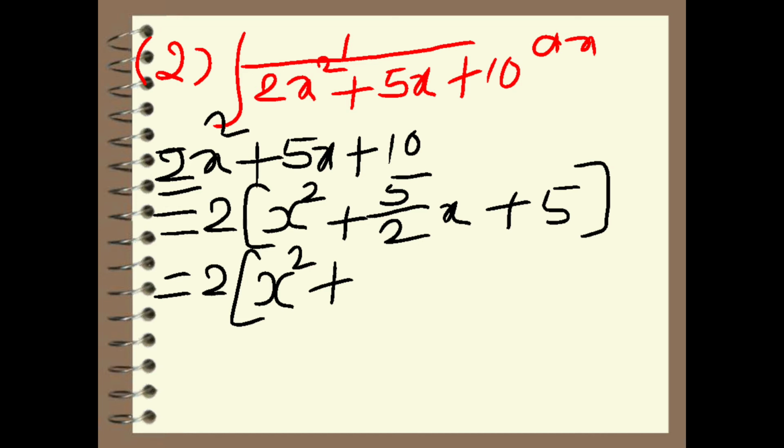That means if the number is not a multiple of 2 in the linear term, we should multiply and divide by 2. Once again I am telling you, if the linear term is not a multiple of 2, we should multiply and divide by 2, only that particular term.